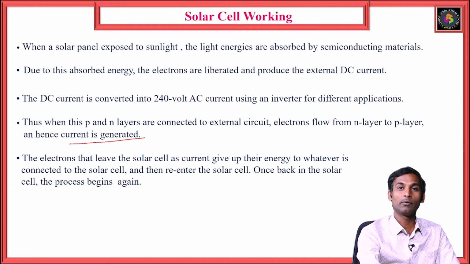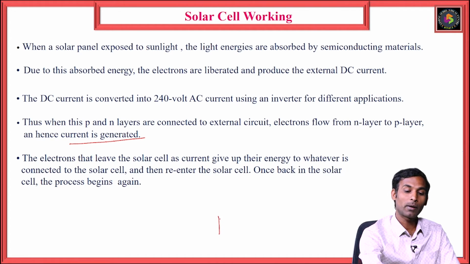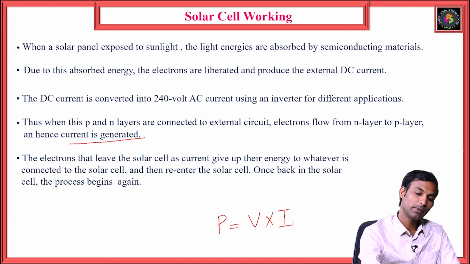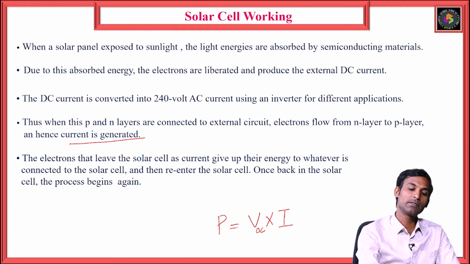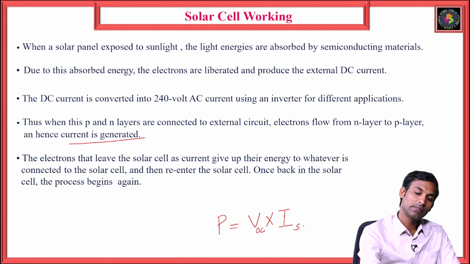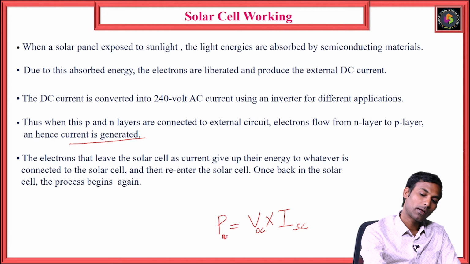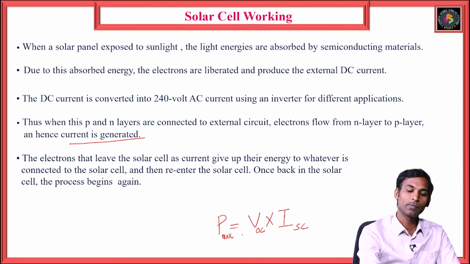Power is calculated as voltage times current. VOC indicates open circuit voltage, ISC indicates short circuit current. At the final point, the maximum power is equal to open circuit voltage times short circuit current.